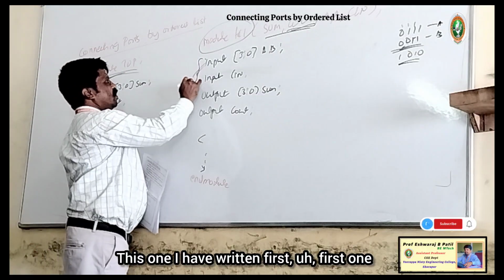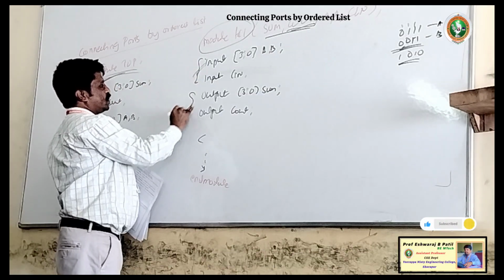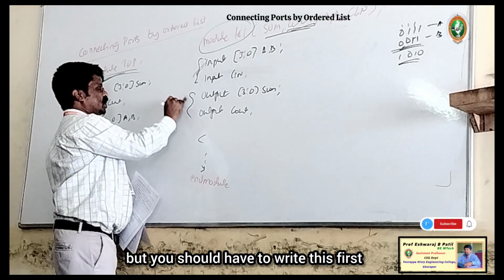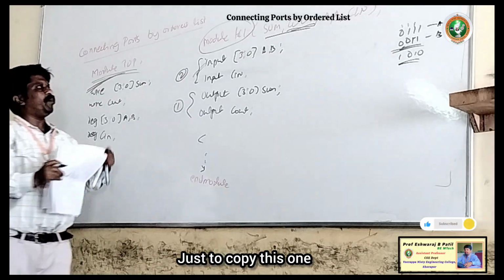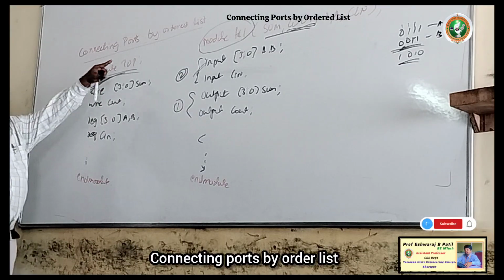This one I have written first, and this I have written second, but you have to write this first and second. Just copy this one: connecting ports by order list.